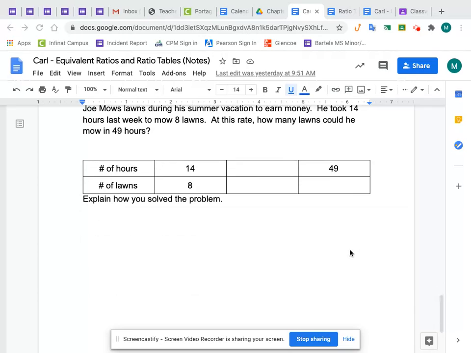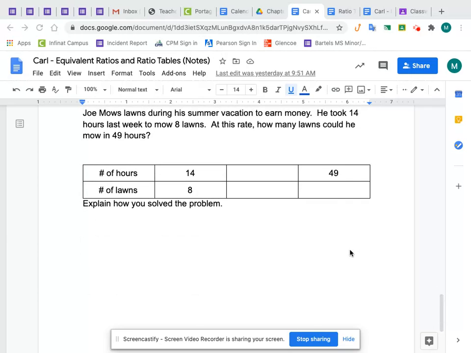On the last example here, Joe mows lawns during his summer vacation to earn money. He took 14 hours last week to mow 8 lawns. At this rate, how many lawns could he mow in 49 hours? So I need to be thinking what number goes into both 14 and 49.